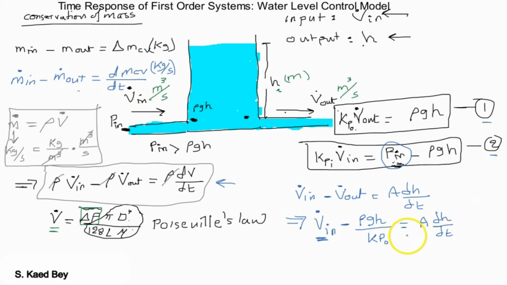Now this equation can be written in the general first order format, where the input is on the right hand side and the output we desire to control is on the left hand side.